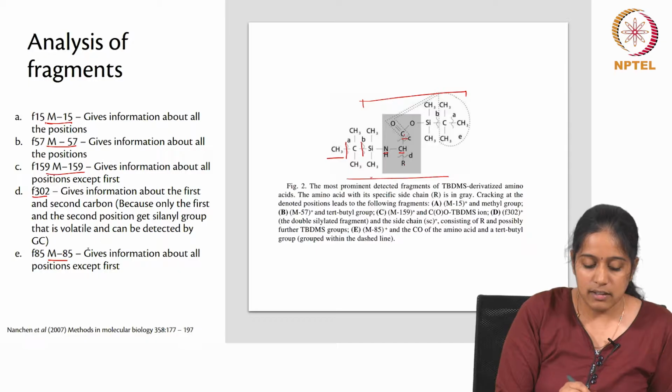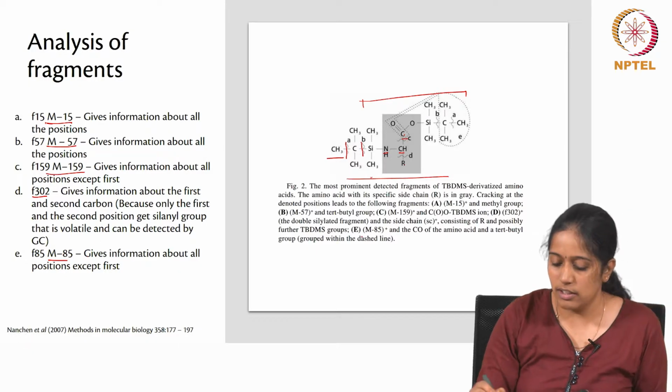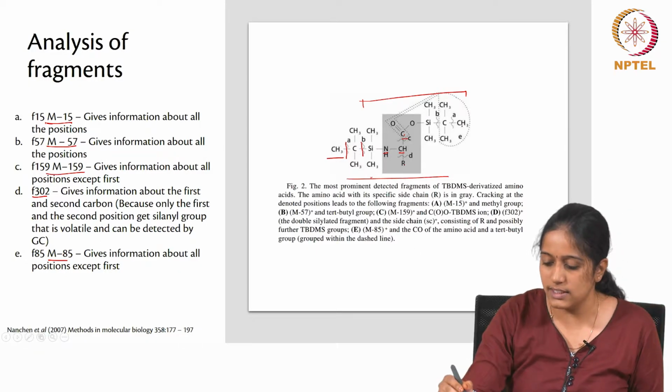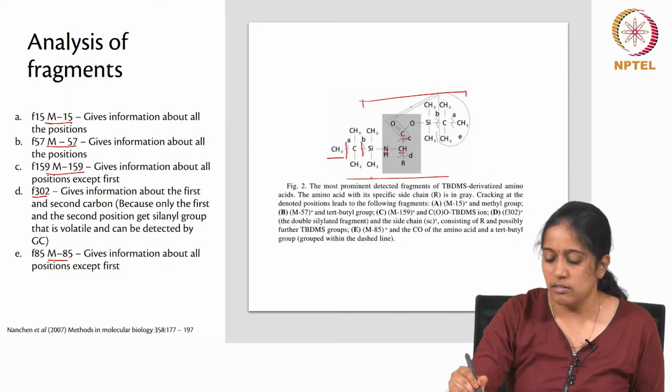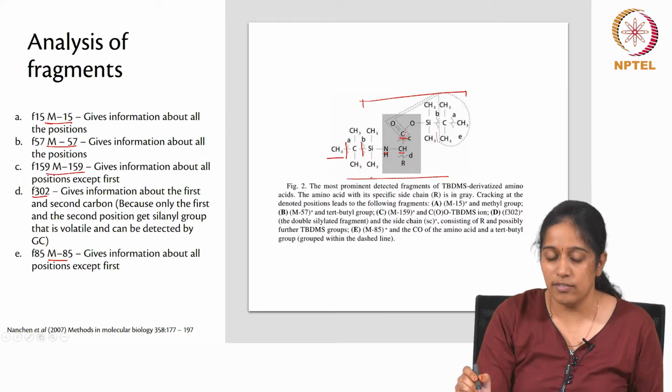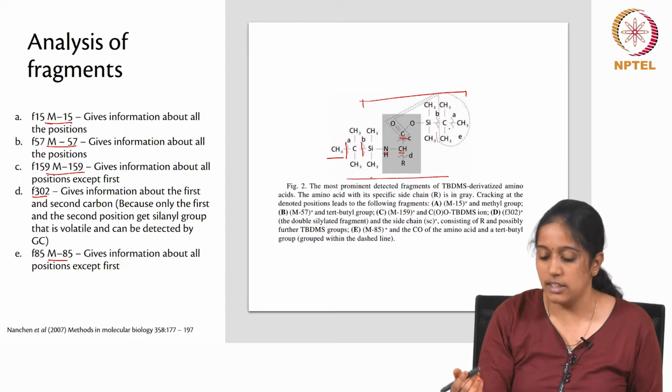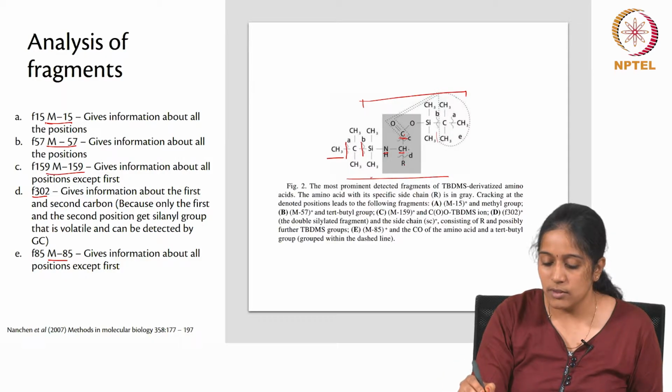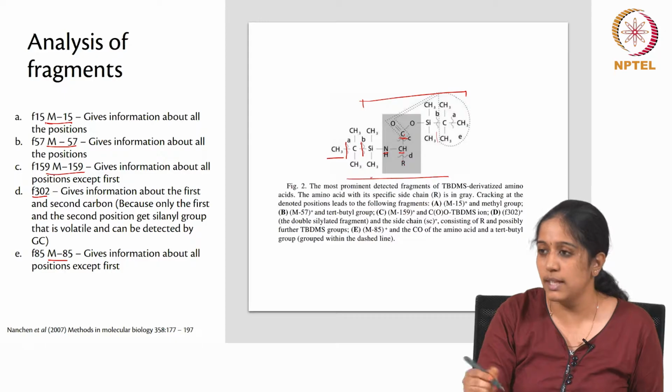If you look at M minus 85, that is E, and E is the portion in the dotted region. This gets removed, and if you observe, the first carbon of the amino acid gets removed and is not detected in the detector, because of which you have the other parts being detected.